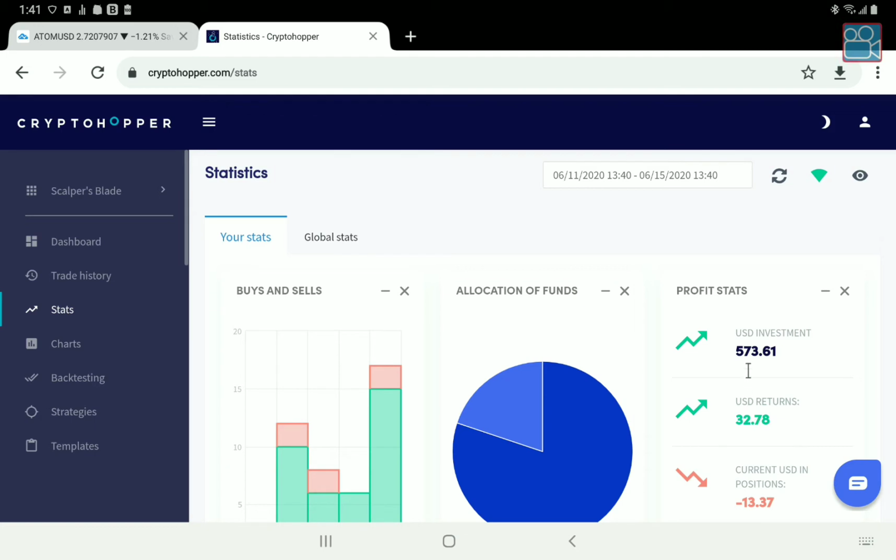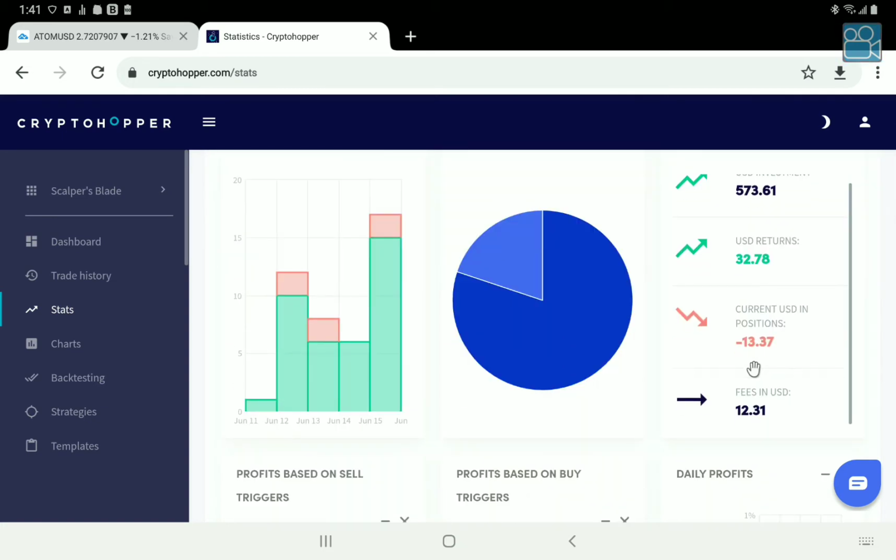And this is the highest my budget has gone in that 5-day period. Of course, right now everything is underwater and I've paid $12 in fees. So 32, take off 12, I've got a $20 profit. So basically $4 a day is what I've got clear right now.